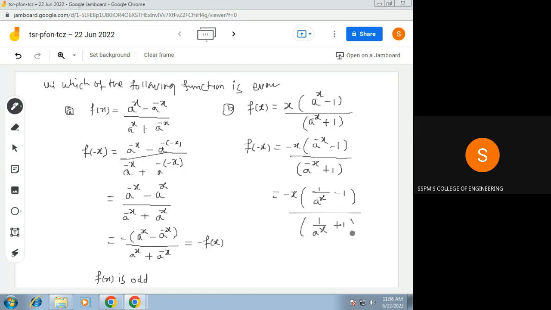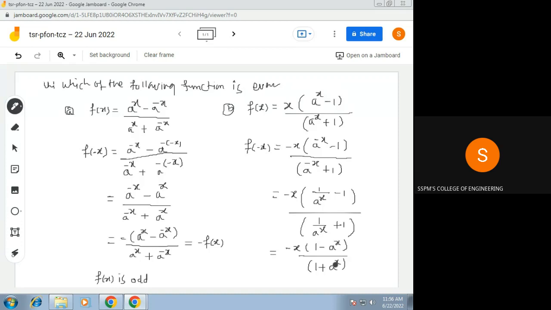After simplifying by taking the LCM, we get minus x times 1 minus e raised to x upon 1 plus e raised to x. Here in numerator and denominator there will be a term of e raised to x in place of the denominator, so the denominators will cancel.